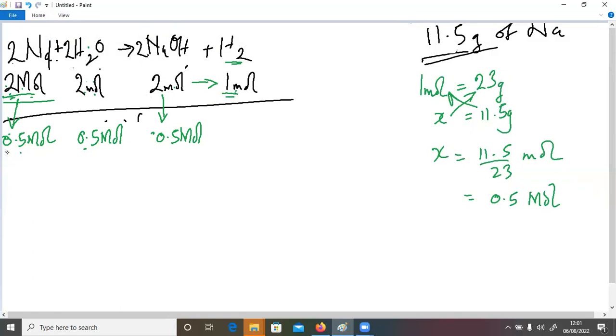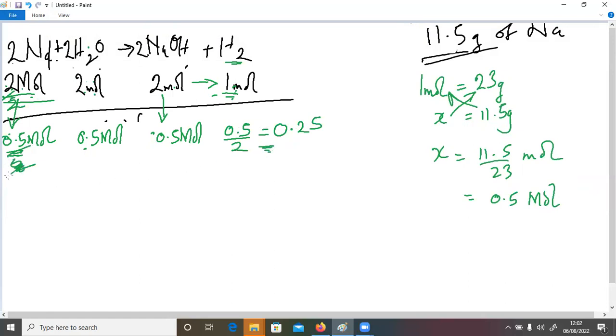Then I need to divide this one by 2 to get the number of moles here, and it will be 0.5 over 2, which is 0.25. What do I do to this to get this? I divide it by 2.